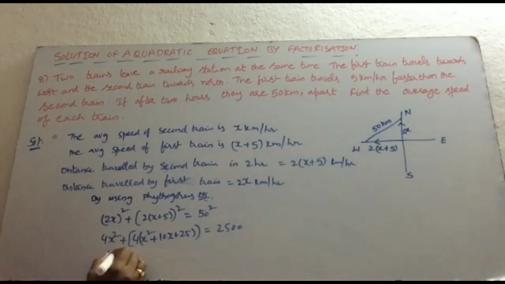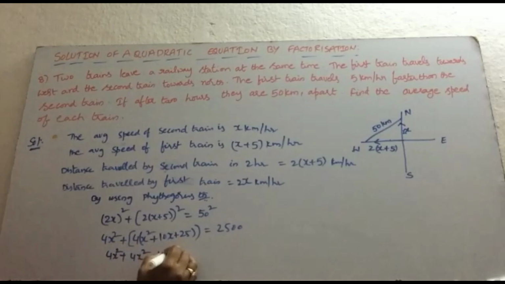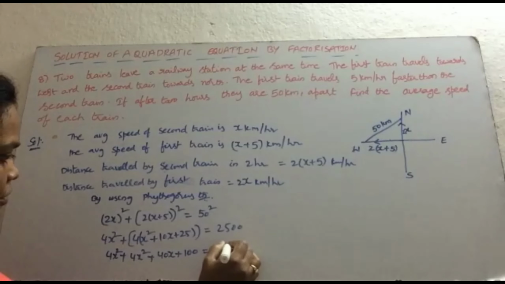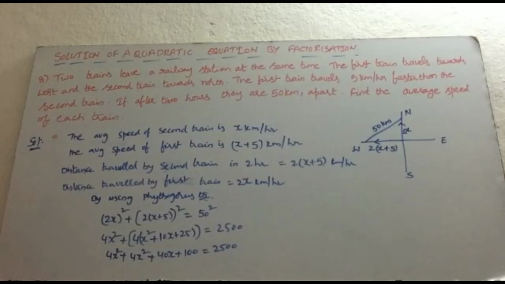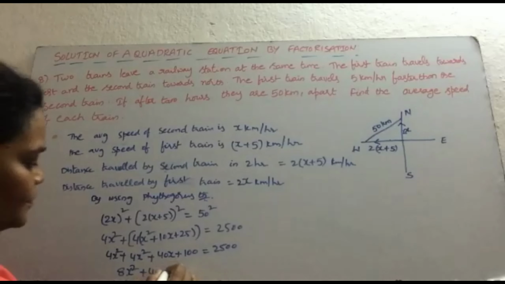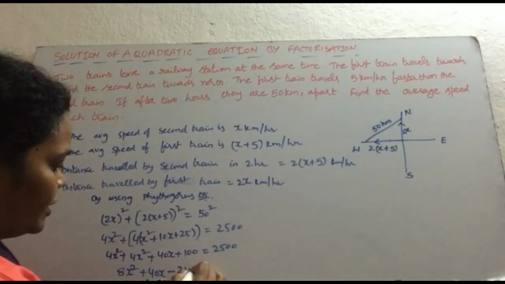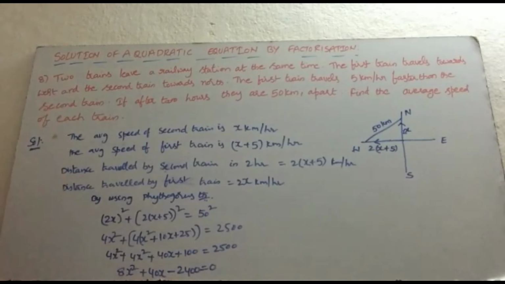Next 4x square plus 4x square plus 40x plus 100 equal to 2500. 8x square plus 40x, I will transpose this side, then 2400 equal to 0.